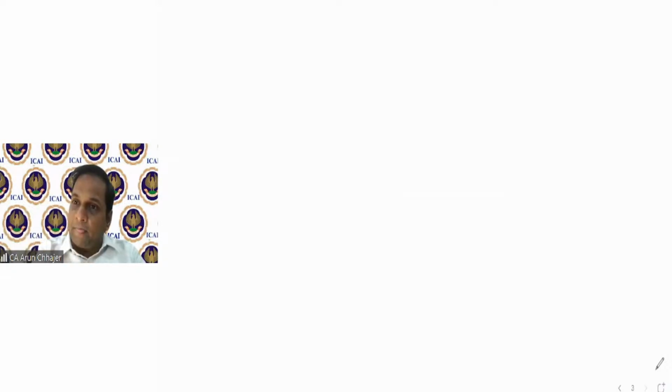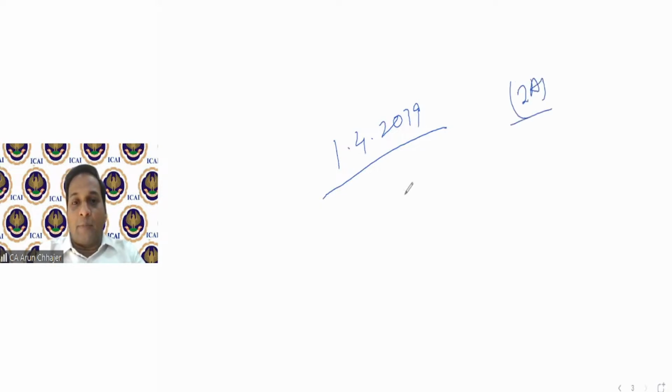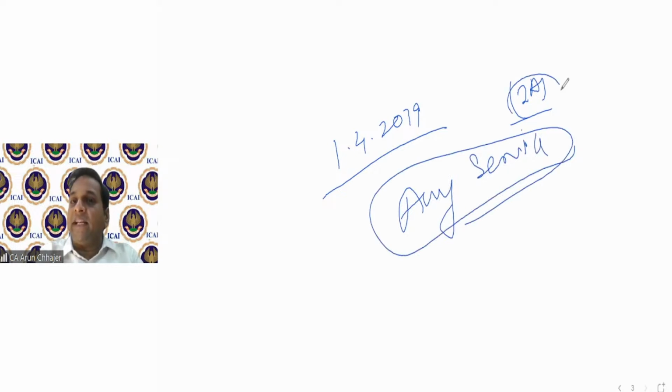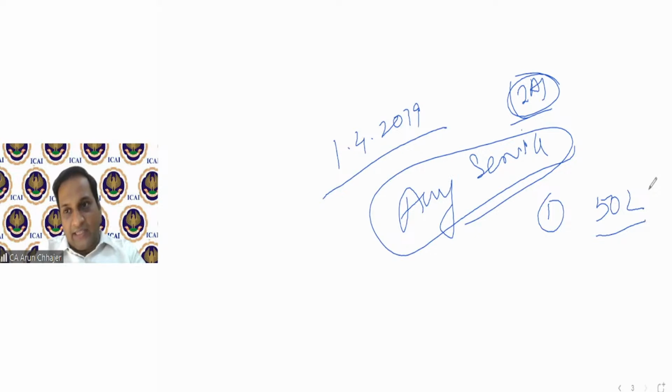And then from 1st April 2019, they issued the notification, and later on subsection 2A was inserted. You can provide any service in 10(2)A. But again, they have put a certain limitation that the maximum amount can be 50 lakh. Aggregate turnover can be 50 lakh.